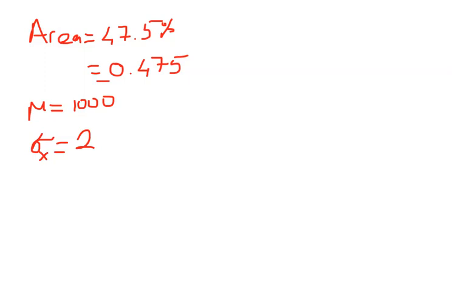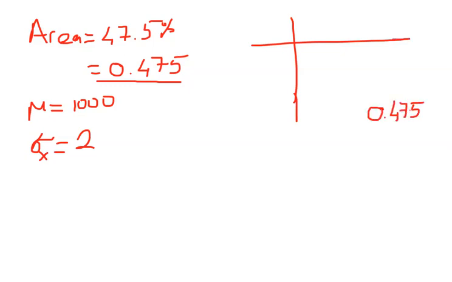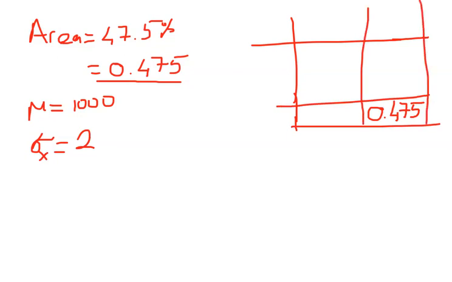I will look in the body of the table for 0.475, and exactly 0.475 is located on the Z table. What is the corresponding Z value? Going backward, I found 1.9 and 0.06. At the intersection, I got 0.475. So for 0.475, my Z is equal to 1.96.